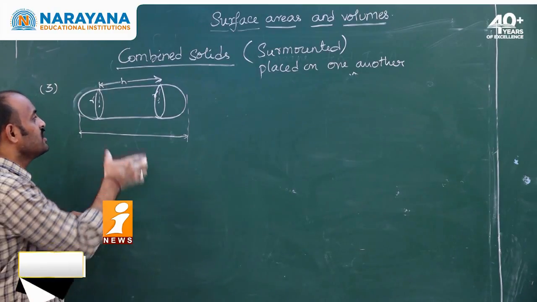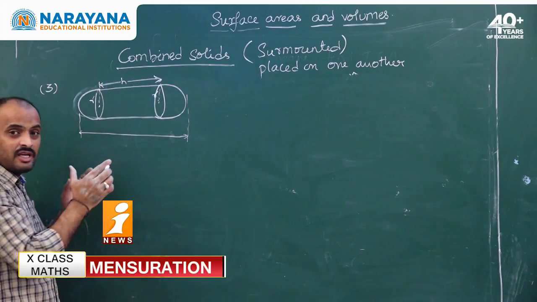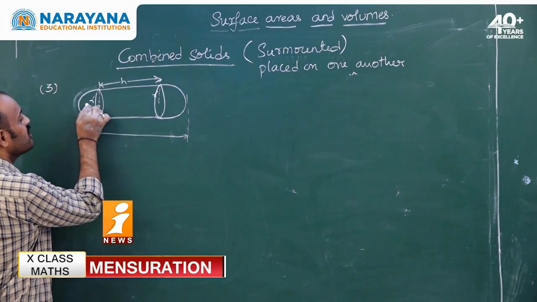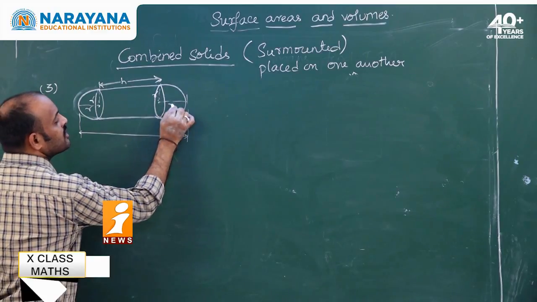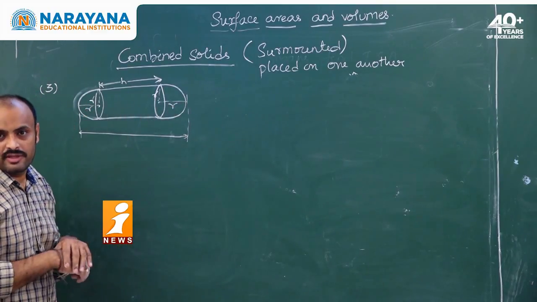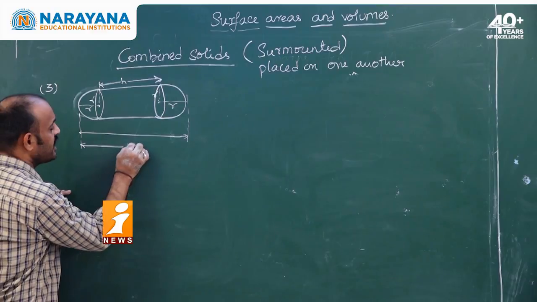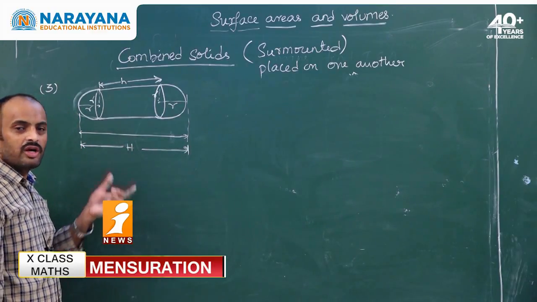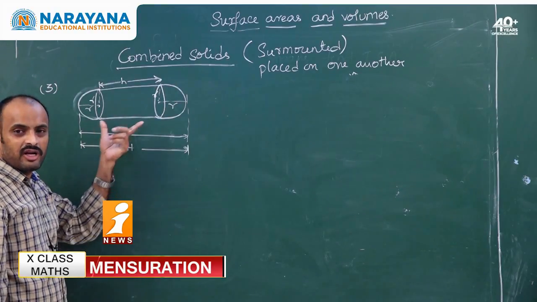So in that case, if you want to find the height of the cylinder from the entire length, you need to subtract the radius of each hemisphere. This is the entire height of the medicine capsule or gulab jamun or a combined solid.